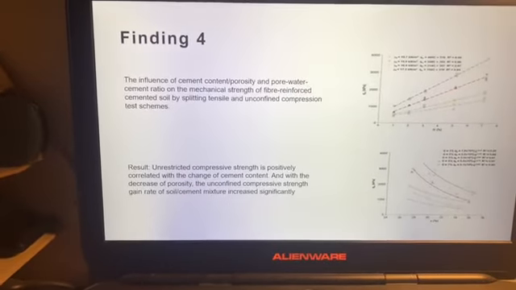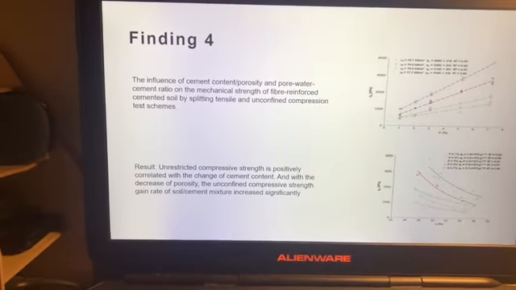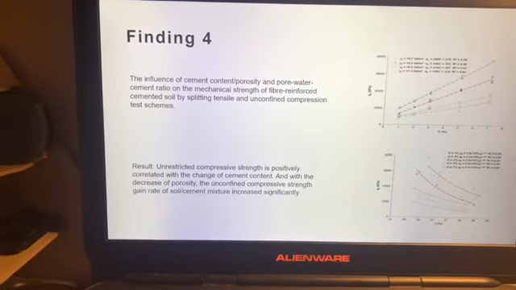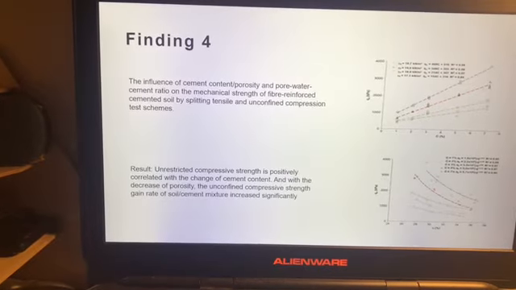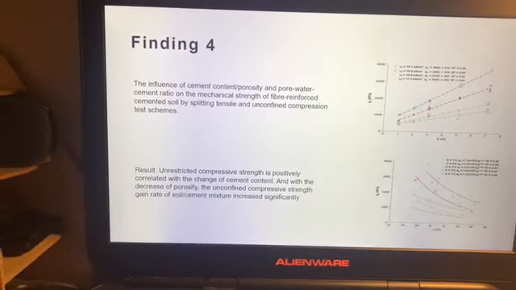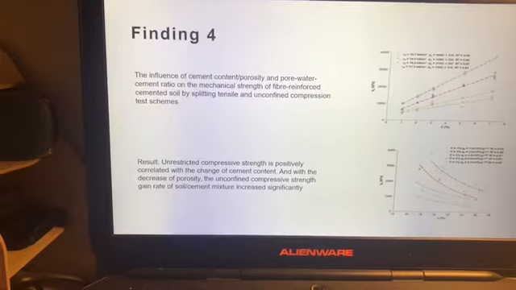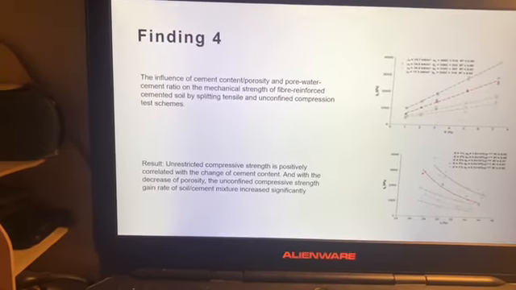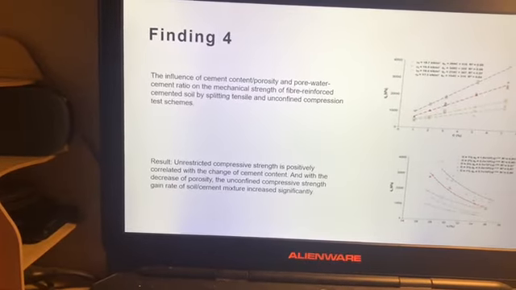As a result, unconfined compressive strength is positively correlated with the change of cement content, and with the decrease of porosity, the unconfined compressive strength gain rate of soil cement mixture increased significantly. Through the experiments, the research found that unconfined compressive strength varies linearly with the cement content.